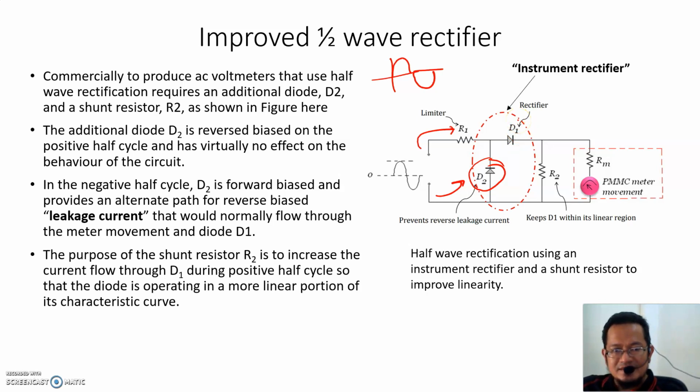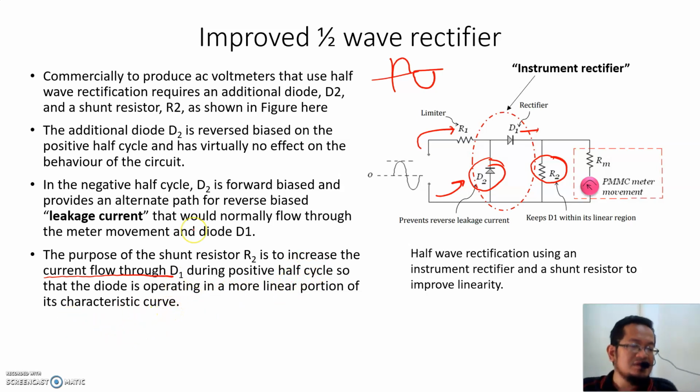Then there's another resistor here, R2. The improved half-wave rectifier circuit also includes R2. The purpose of the shunt resistor R2 is to increase the current flow through D1 during the positive half cycle, so that the diode operates in a more linear portion of its characteristic curve.